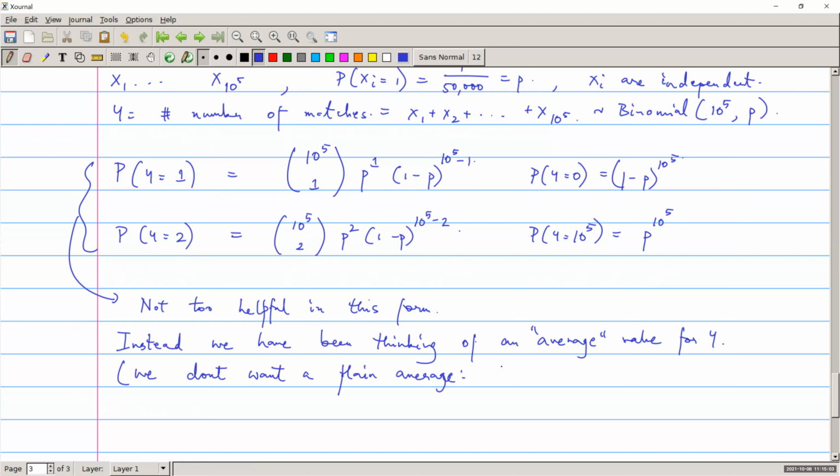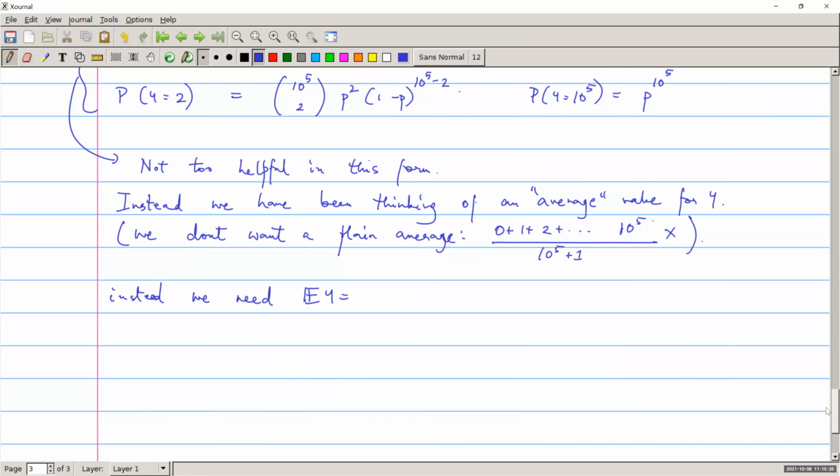By plain average we mean 0 plus 1 plus and so on, all the values y can take. There are 10 to the 5 plus 1 values like this. This average is not what we want. It's kind of useless. It doesn't tell us anything about probabilities. Instead, we need the expectation of y.